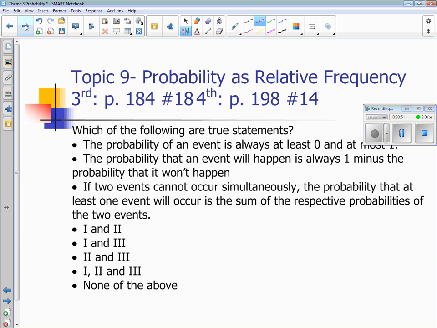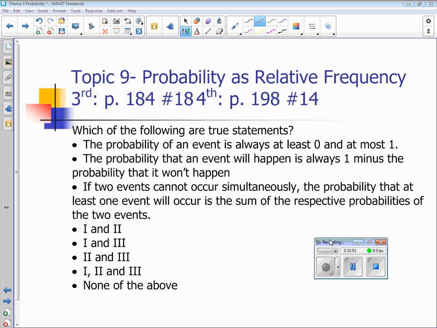Which of the following are true statements? These are all out of order. Is that the next one you guys have? Yes. It's not the next one I have. Very strange, but I don't care.